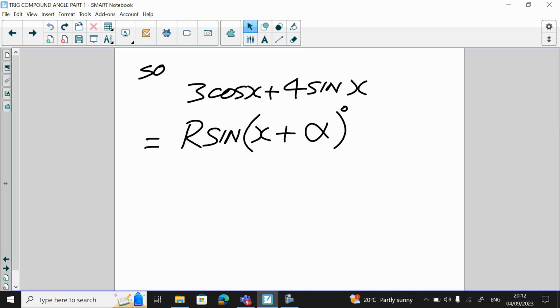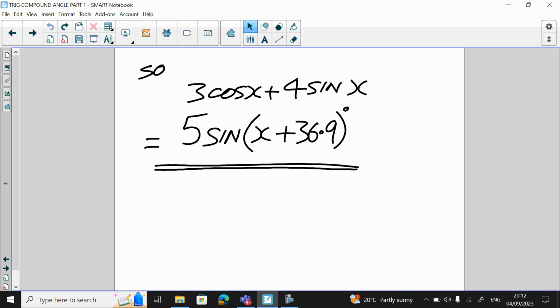So we've got R, we've got alpha, just pop them in place of R and alpha. And that's us, all done. Just remember, as usual, you can always backtrack and see what's going on.